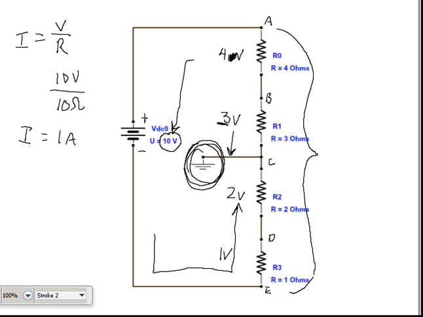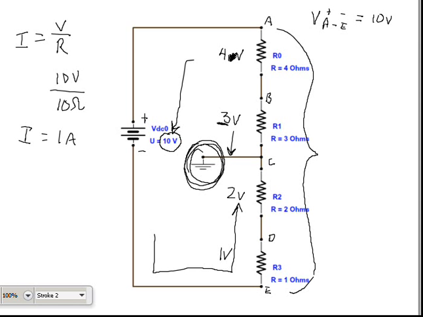Now it depends on where I'm taking my measurements. If I am measuring A to E, and when I say A, that's where the positive probe goes. E is where the negative probe is going to go. So if I'm measuring A to E, I'm going to see a drop of 10 volts because I'm measuring right across my power source.